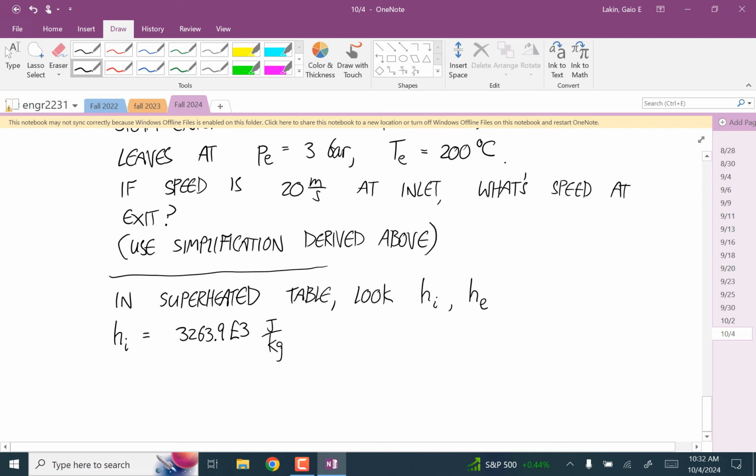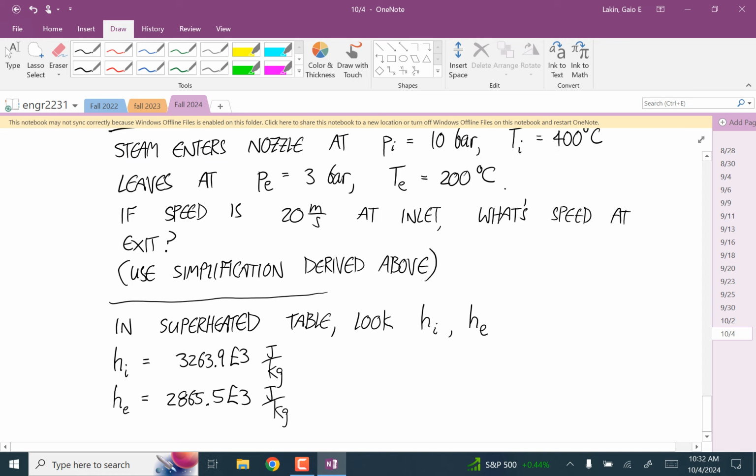I just looked that up in the table. And h_e is 2865.5 times 10 to the third joules per kilogram.